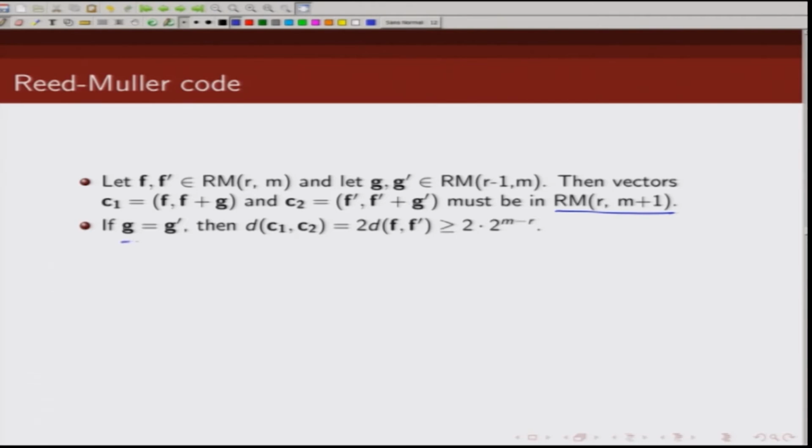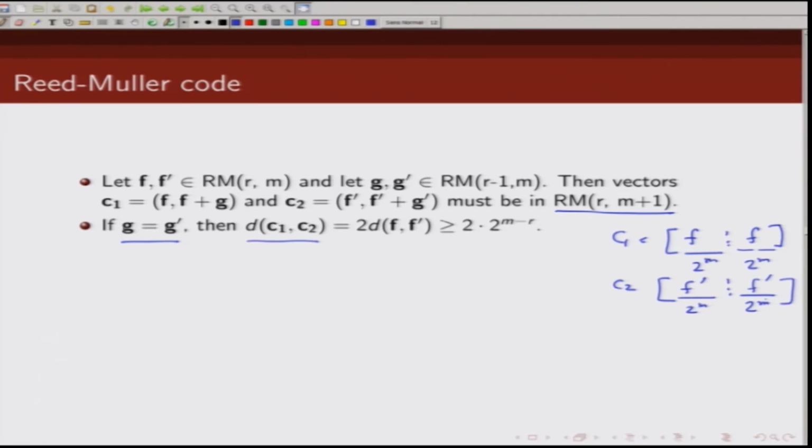When g is the same as g', what is the minimum distance between C1 and C2? If g and g' are the same, then C1 is nothing but f of length 2^m and another f of length 2^m, and C2 is f' of length 2^m and then f' of length 2^m.